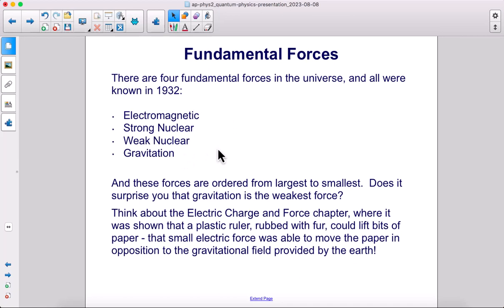Does it surprise you that gravitation is the weakest force? Think about the electric charge and force chapter, where it was shown that a plastic ruler rubbed with fur could lift bits of paper. That small electric force was able to move the paper in opposition to the gravitational field provided by the entire planet Earth.